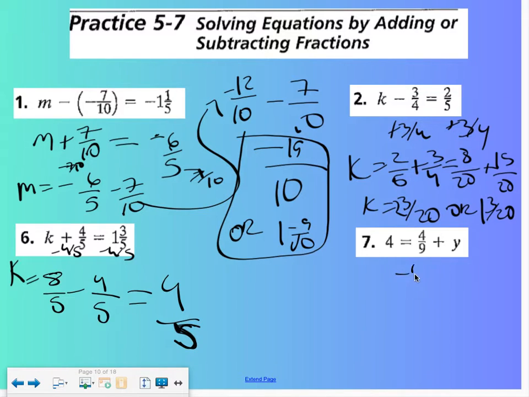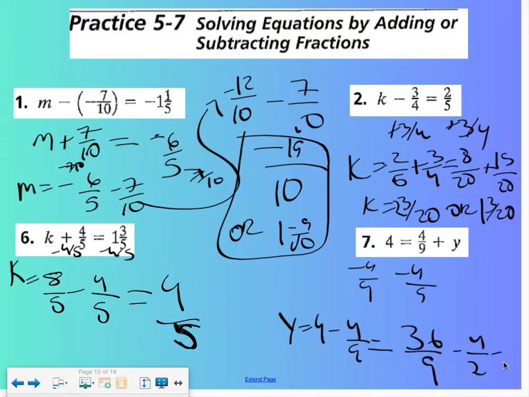Well, subtract 4/9 from both sides. So y equals 4 minus 4/9. All right, well, how do you represent 4 with a denominator of 9? It's 36/9 minus 4/9, which gives you 32 divided by 9, or 3 5/9.